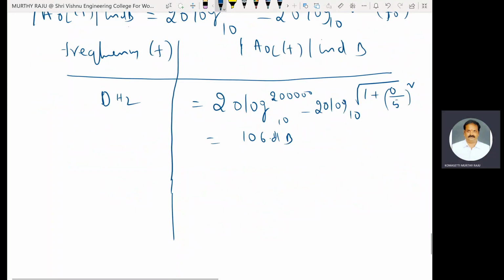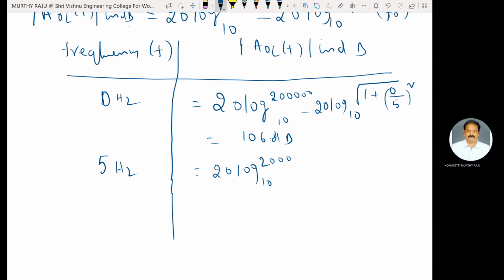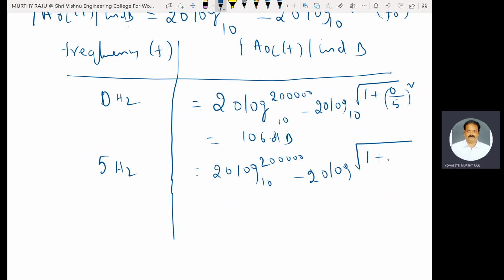Next, coming to the 5 Hz break frequency, that is equal to 20 log base 10 of 2 lakh minus 20 log square root of 1 plus operating frequency f is 5, break frequency is also 5, 5 by 5 whole square, base 10.